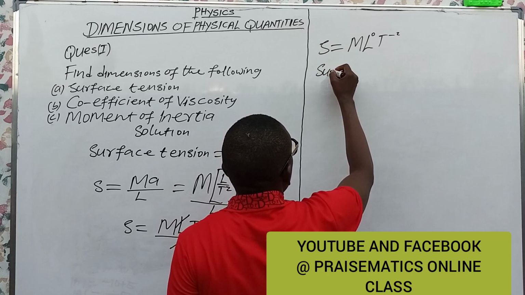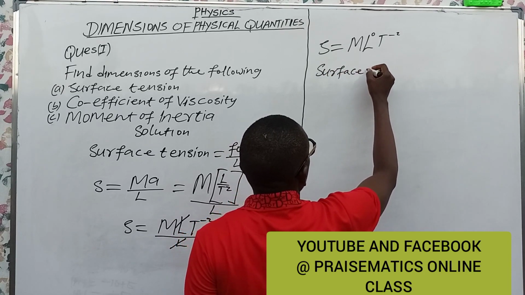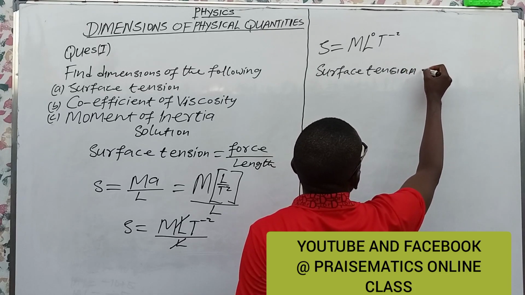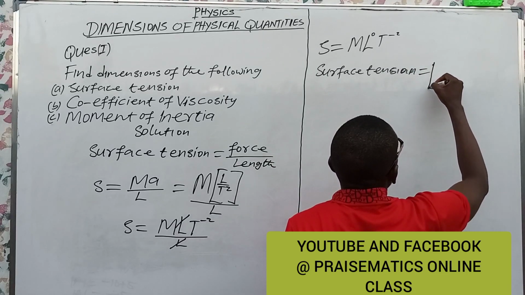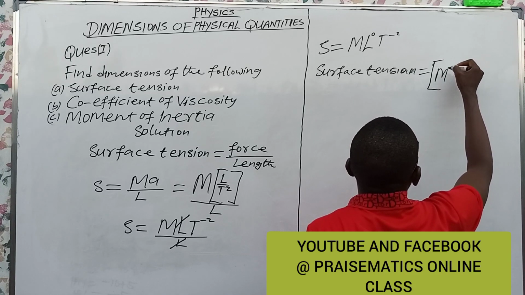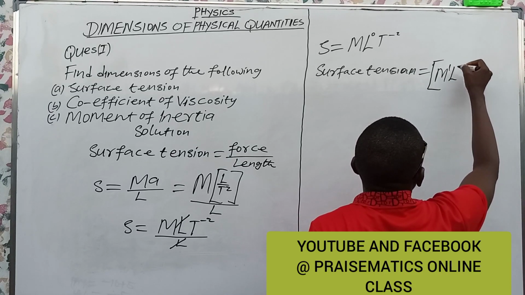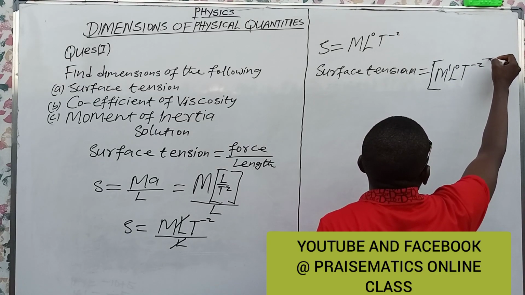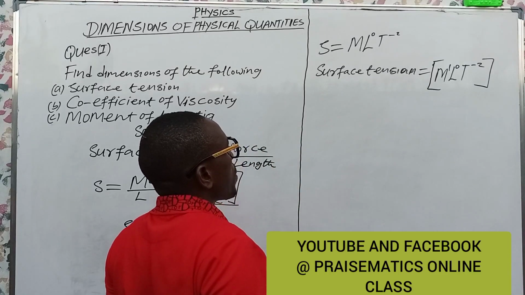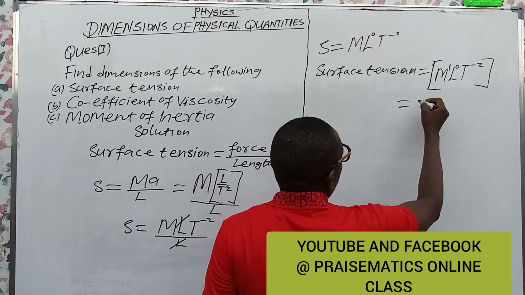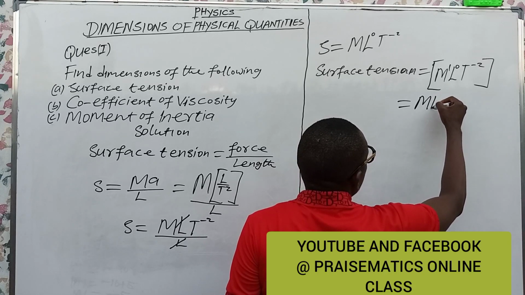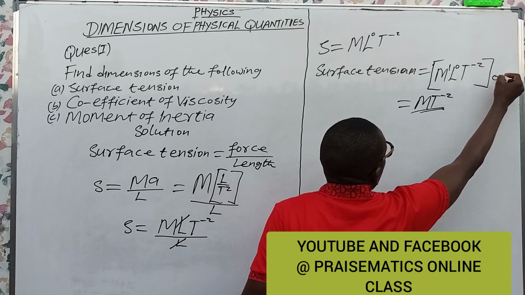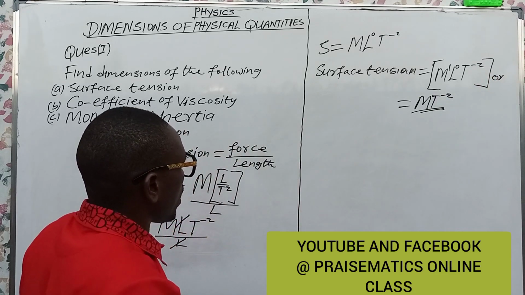Finally, our surface tension is equal to M raised to power 1, L raised to power 0, and T raised to power minus 2. And that is our dimension of surface tension, which can be written as M T minus 2. So either you choose this one or this one, and that is our answer.